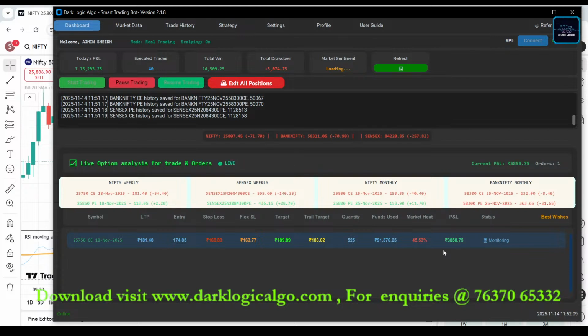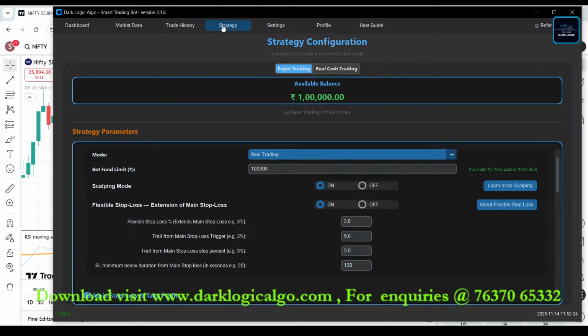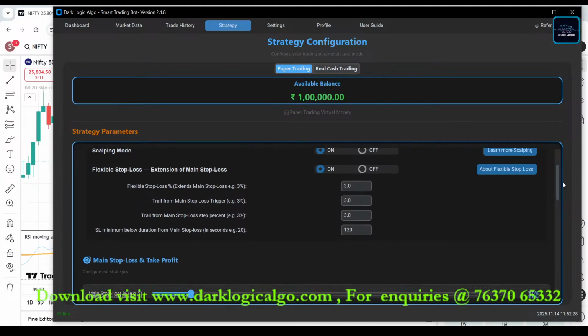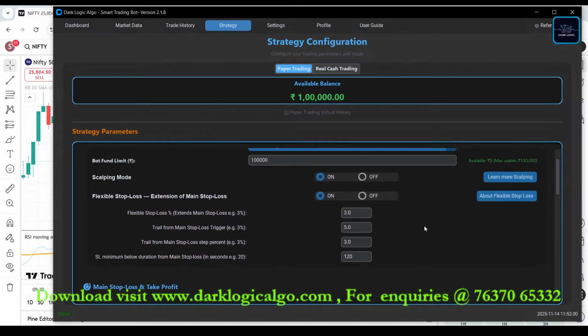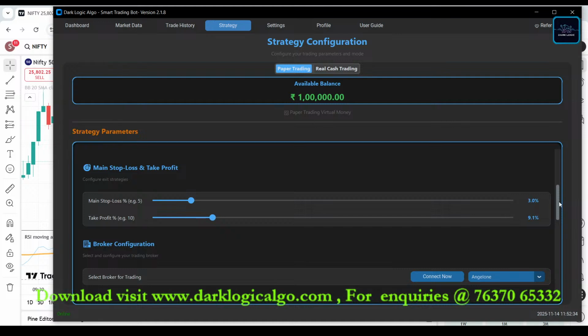Okay, you should take some rest for nearly half an hour and restart the bot. And before starting the bot, the settings should be properly managed, like the stop loss and take profit.